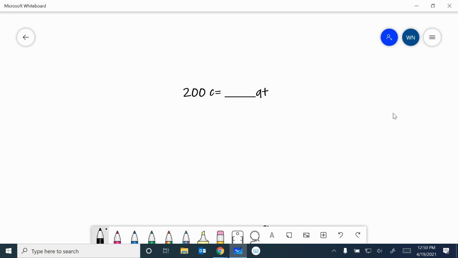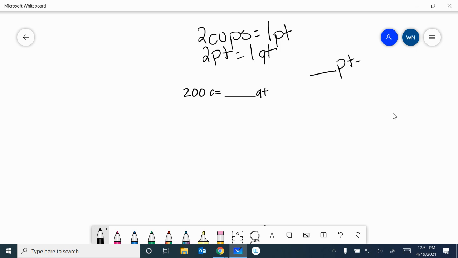So we know that there are 2 cups to 1 pint, and that there are 2 pints to 1 quart. So let's figure out how many pints are in 1 quart.